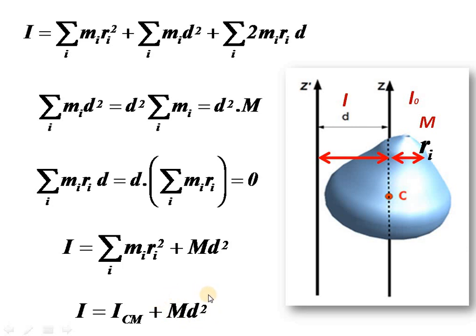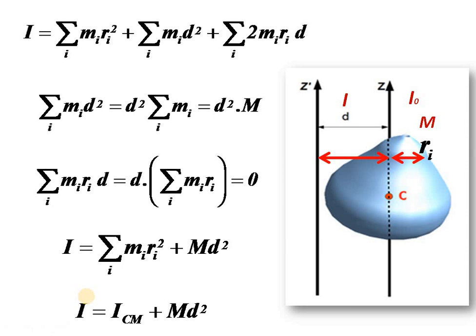So hence we prove it: the moment of inertia of the body with respect to any arbitrary axis is equal to the moment of inertia of the body with respect to the center of mass axis plus the total mass of the body into the square of the perpendicular distance between the axes. So this is the proof.